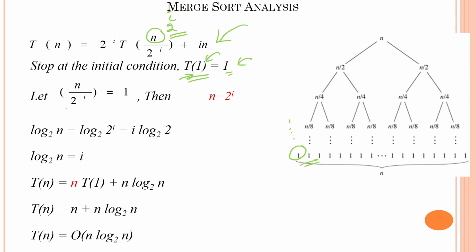So from n by 2 power i equal to 1, we can say n equals 2 power i. Applying the logarithm on both sides, log n becomes log base 2 of 2 power i, which becomes i times log base 2 of 2, and that is 1. So the value of i is log n.